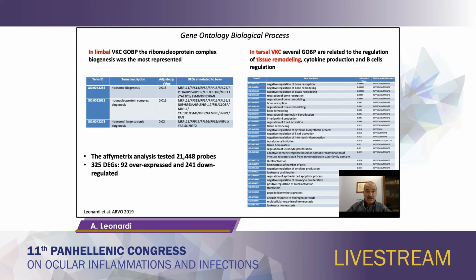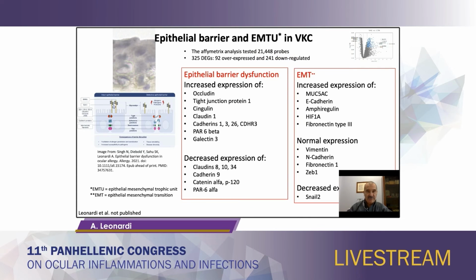On the other side, in tarsal VKC, the most overexpressed families in terms of gene expression were related to tissue remodeling.